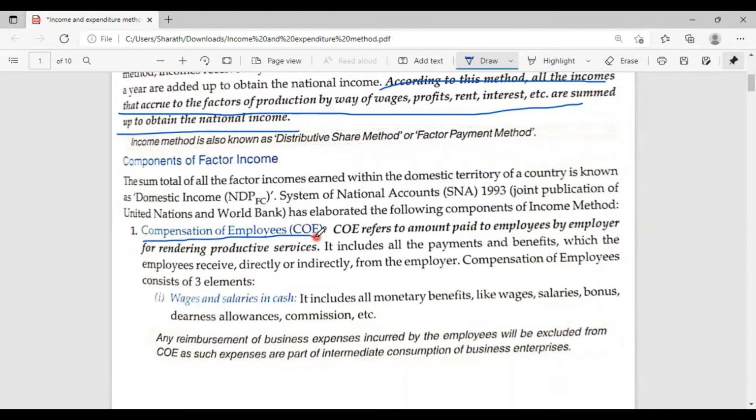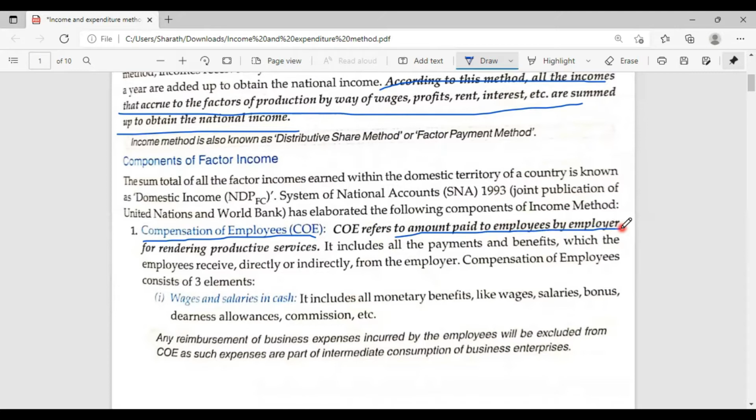When someone is serving his labor, his employer is going to pay this compensation of employees to his employee, the amount paid to an employee by an employer. An employee can get the COE in a direct manner or indirect manner. Everything comes under the category of compensation of employees.